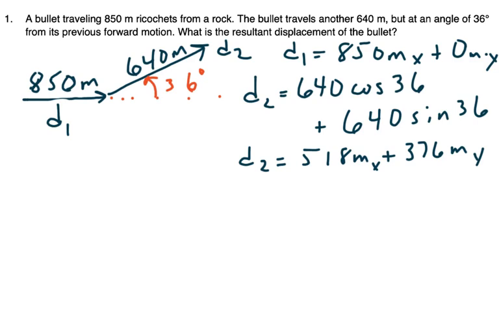So when you want to find the resultant vector, you just add up all the x components. So the resultant, I'm going to use a little r for that so I can keep it straight from the other ones. In the x direction is going to be 850 plus 518.